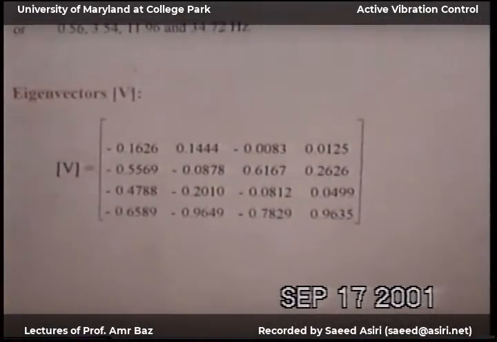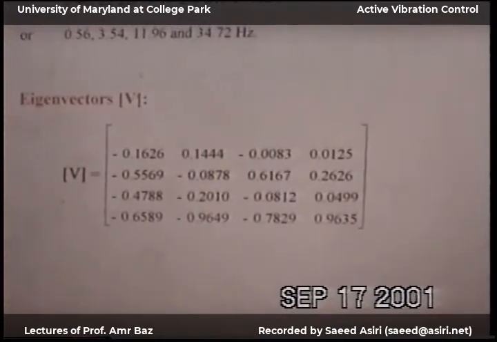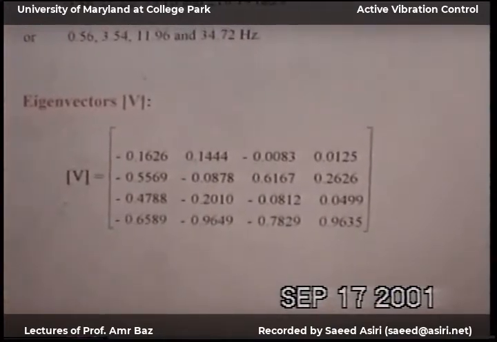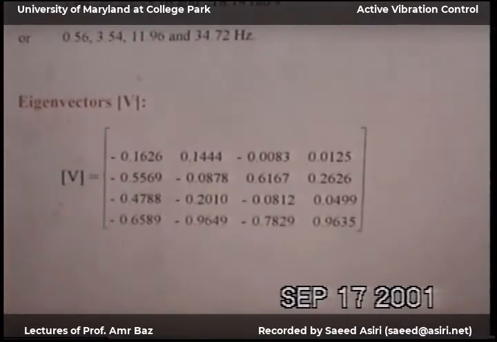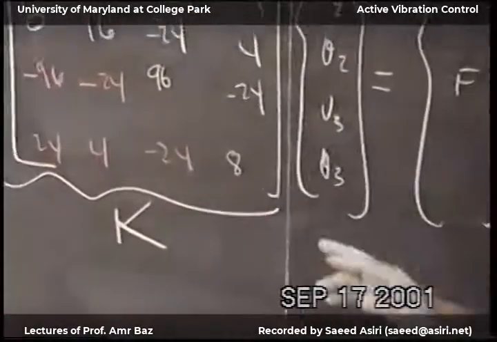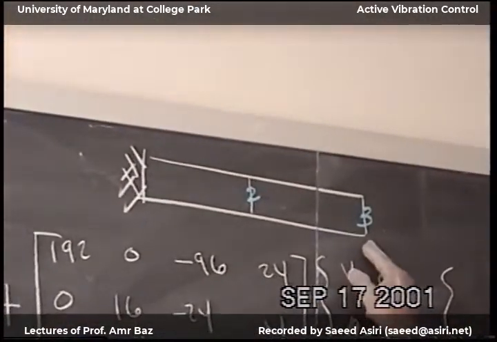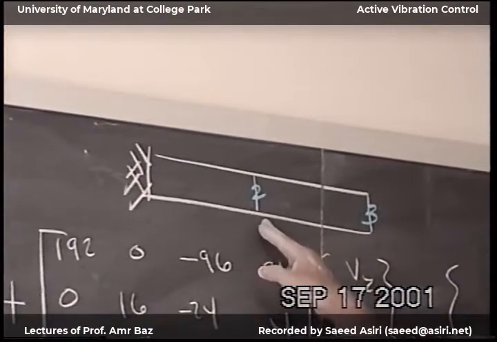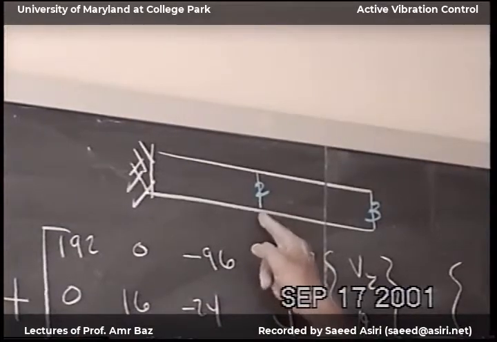Okay? Now, our structure looks like this. This is node 2, node 3. If I have something hanging here and I have an actuator and sensor at this location, then this is secondary for me. I'm going to eliminate the degrees of freedom of the secondary.